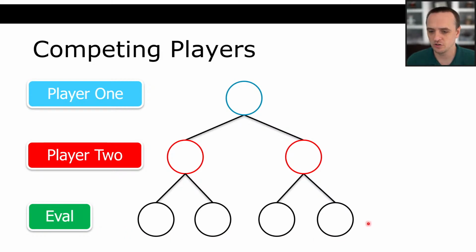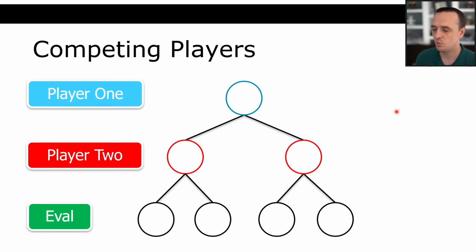And what I'm going to do at that point is, at the leaf nodes of this search, I am going to apply an evaluation function to those states. And that evaluation function typically is going to say something like, I want to be in that state this much. It's this good for me to end up in that state.